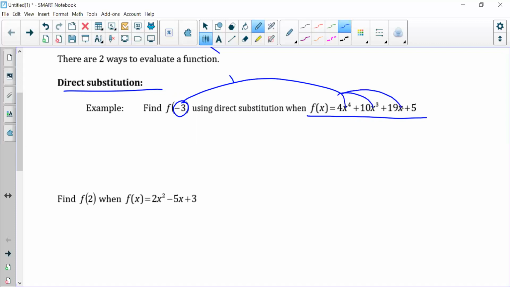So let's do that. We have f of x equals 4 times -3 to the fourth, plus 10 times -3. Remember, we're just substituting this in for the x, which is why our exponents go on the outside, plus 19 times -3 plus 5.